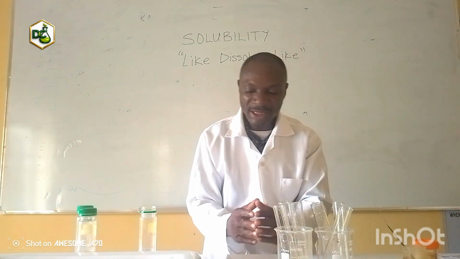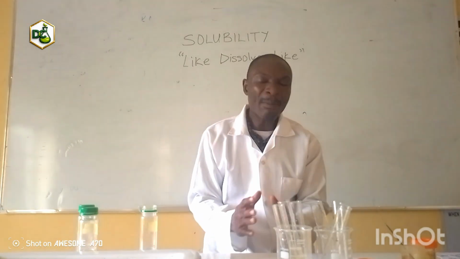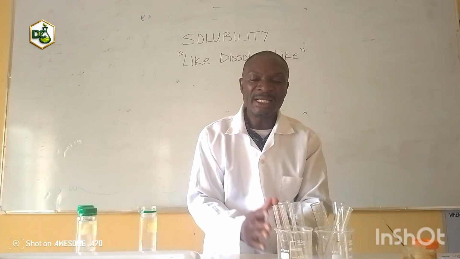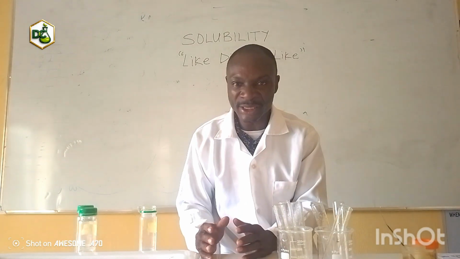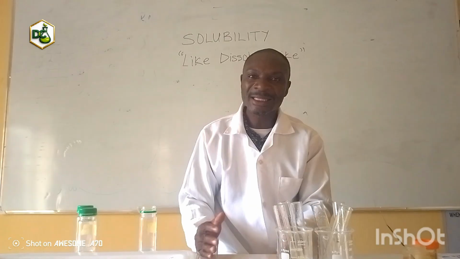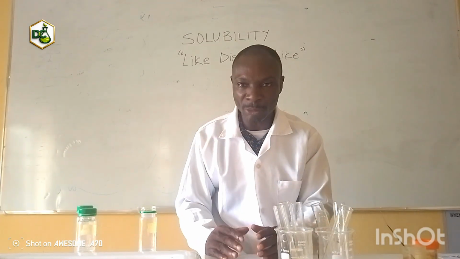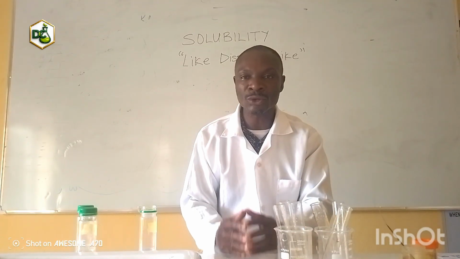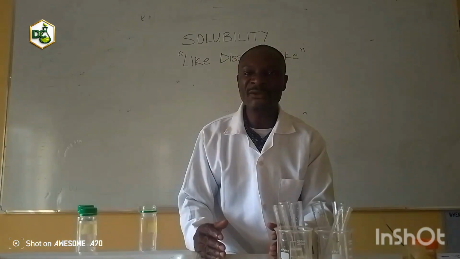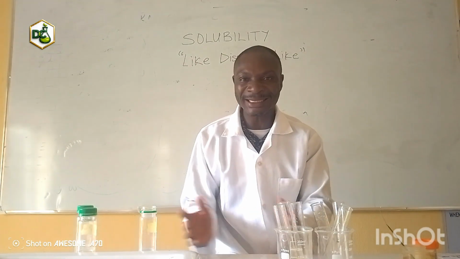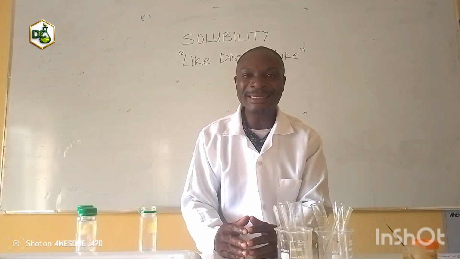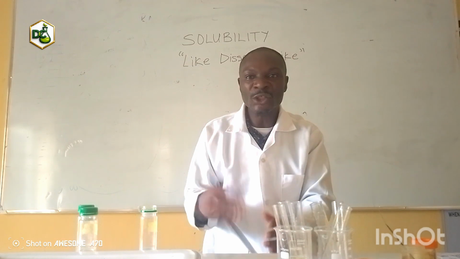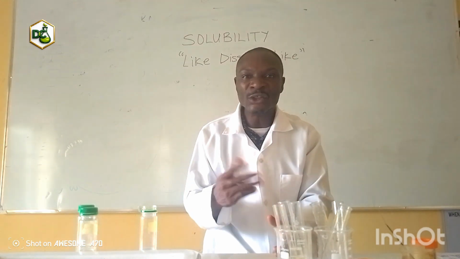Now, how about a case where a liquid is mixed with another liquid and there is no boundary formed, and yet it does not form a clear solution? What do we classify that mixture or that interaction? We can say that is sparingly soluble, or slightly soluble.